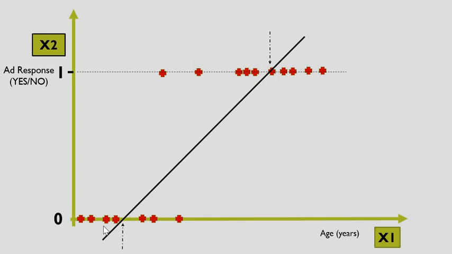However, in our scattered points, we only have 0 or 1. And this is because we actually do have our training data set. We know if they have responded or not. We have a sample of data in which we're able to say whether, yes, this user has actually clicked on my ad or not. So obviously it's going to be 0 or 1.